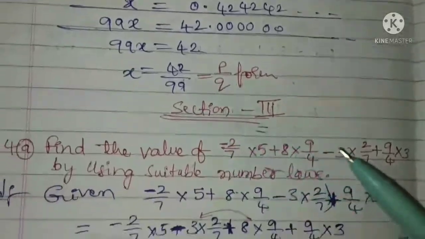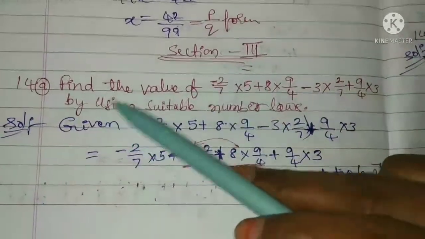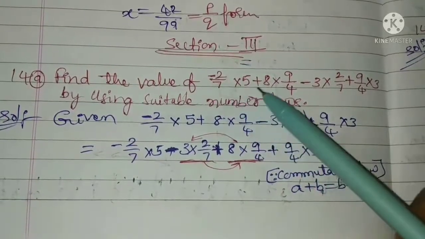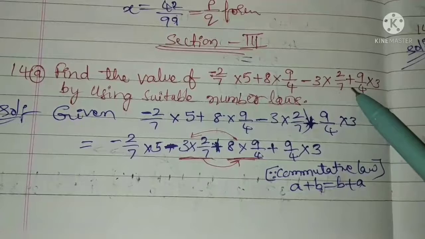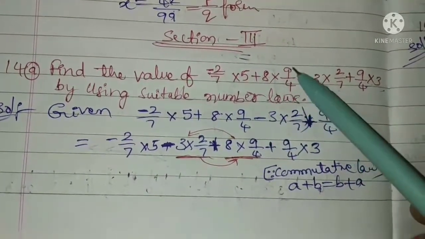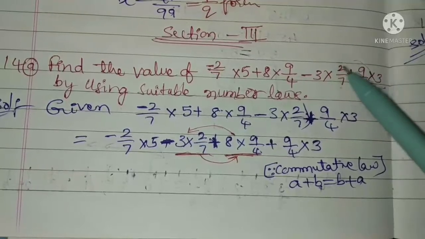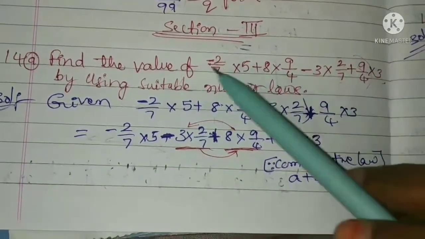Now it comes to 4 marks questions, section 3. Find the value of minus 2 by 7 into 5 plus 8 into 9 by 4 minus 3 into 2 by 7 plus 9 by 4 into 3. You observe here 9 by 4 and here also 9 by 4, 2 by 3 and 2 by 3, 2 by 7 and 2 by 7.